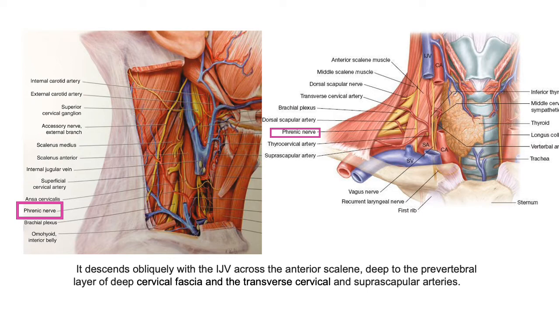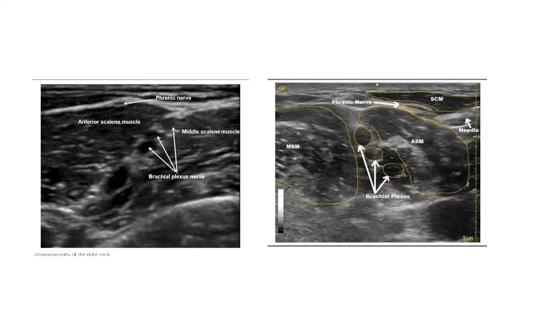How about the phrenic nerve? The phrenic nerve usually descends obliquely with the internal jugular vein across the anterior scalene and deep to the prevertebral layer of the deep cervical fascia and the transverse cervical and suprascapular arteries. Again, it's a tiny nerve, usually above the anterior scalene muscle, but it can also be located right above the interscalene groove.